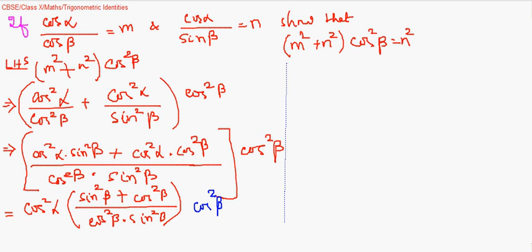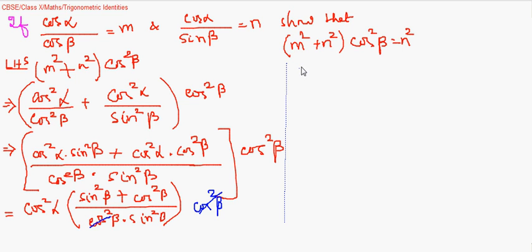Now am I getting cancelled with something? This and this getting cancelled. So what am I left with? I'm left with cos square alpha by sin square beta. Sin square beta plus cos square beta is 1.